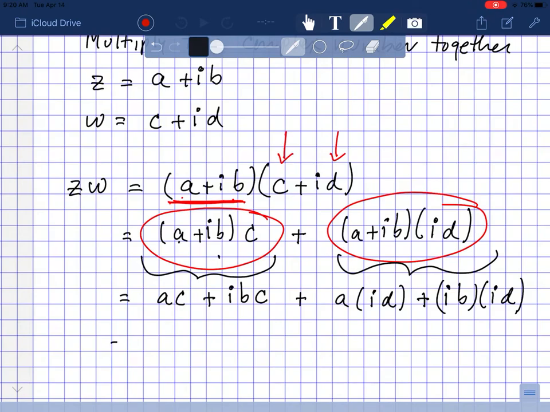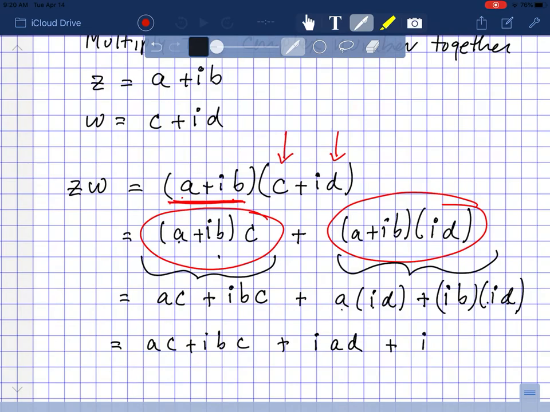Okay? Now, multiplication is commutative. So I can write a times i times d as i times a times d. And then over here, what do I have? I have i times b times i times d. So I'm going to rearrange this.